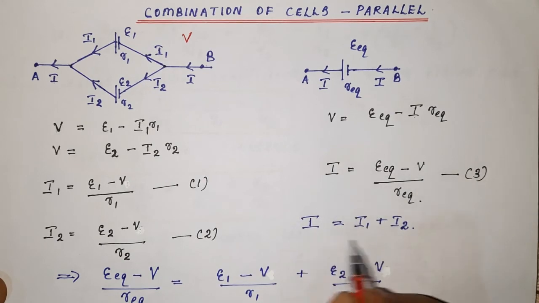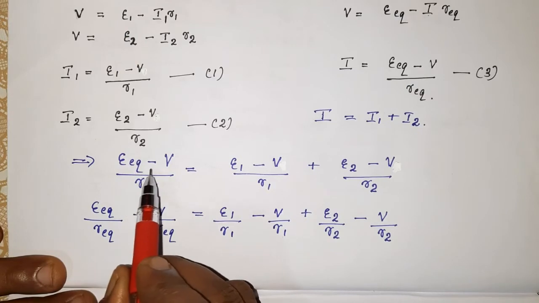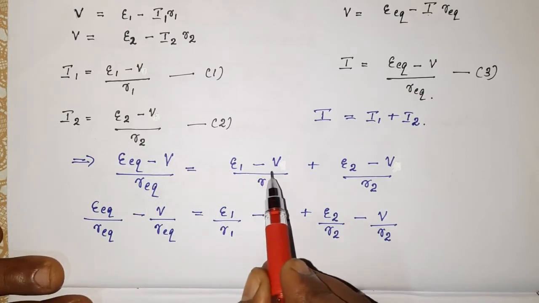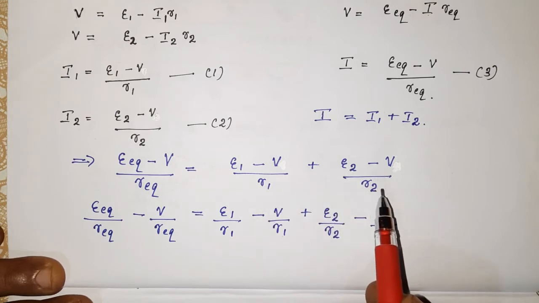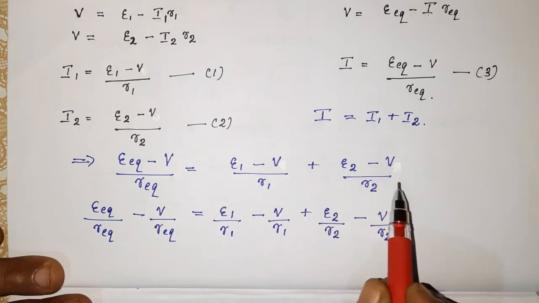And we know I is equal to I1 plus I2. So substituting, we have (epsilon equivalent minus V) by R equivalent is equal to (epsilon 1 minus V) by R1 plus (epsilon 2 minus V) by R2. Just substituted. Now just split the terms.